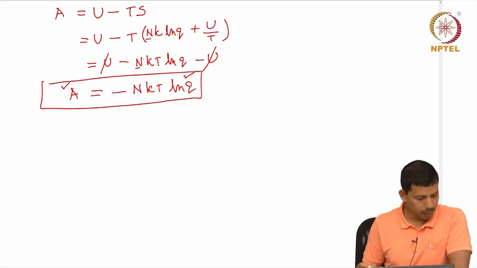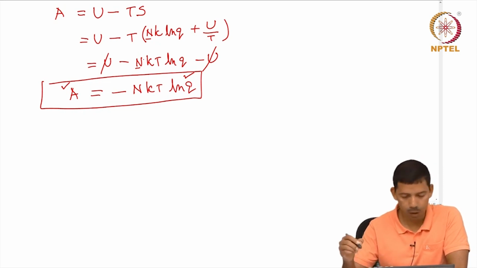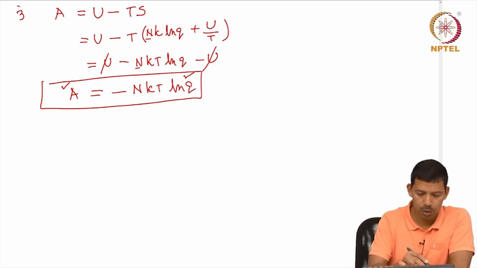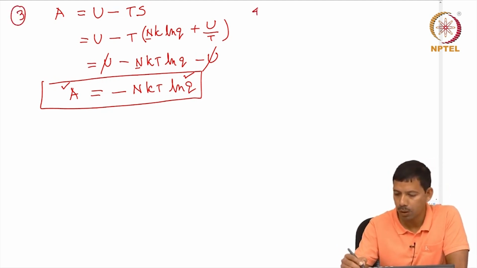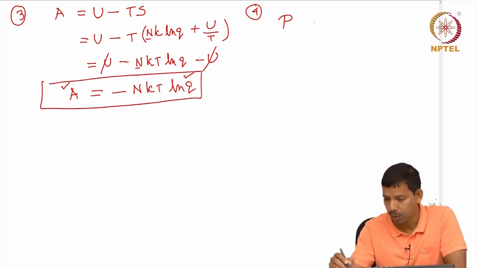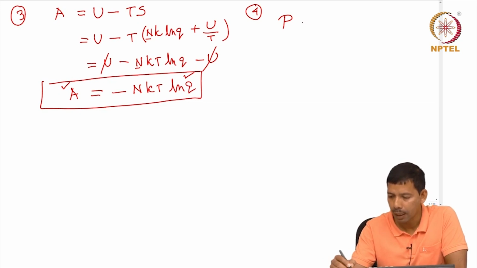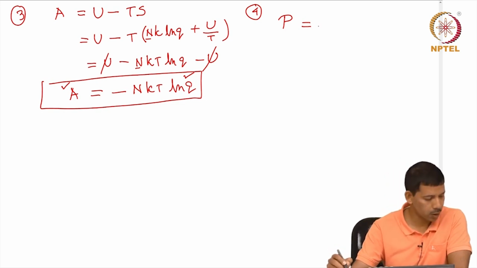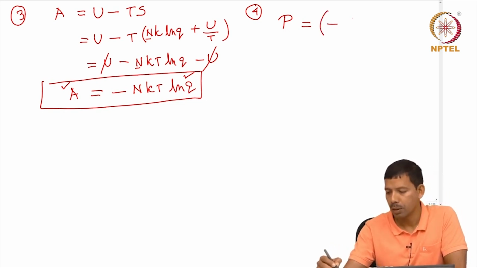What will be the pressure of the system? This is relation number 3. Now, we will be looking at relation number 4, which is the pressure of the system. Pressure is also an important thermodynamic quantity, and from your thermodynamic equations you got pressure as minus del A by del V at constant temperature.